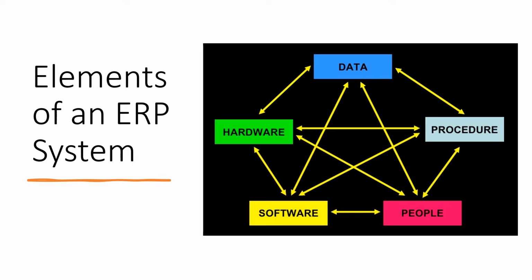People have to be able to have hardware and be able to know how to run the software so that they know which procedures they have to do. Those procedures then also have to work on the hardware, work off the software, be able to use the data. Everything touches everything. That's why ERP systems are so robust, is that they hold multiple things together, and they hold multiple things together well.